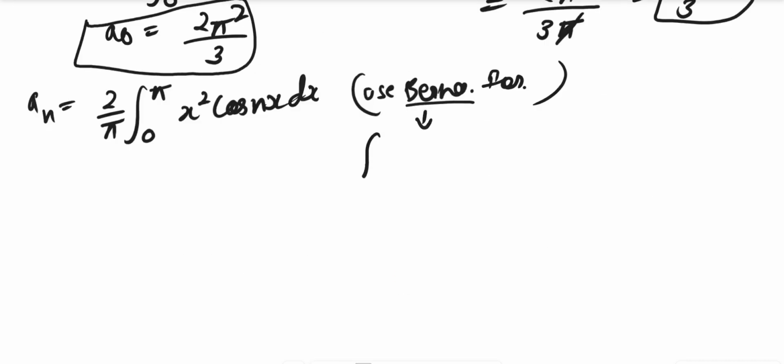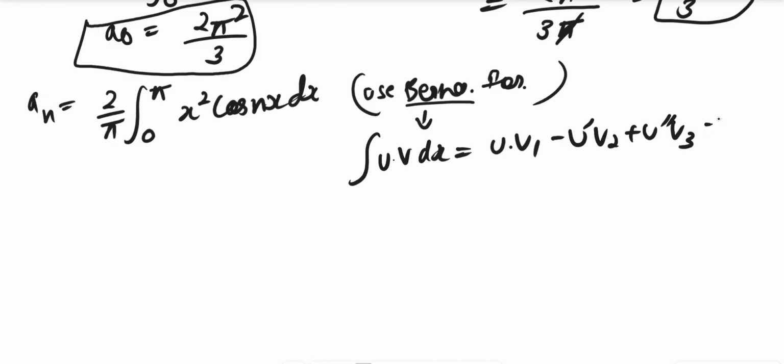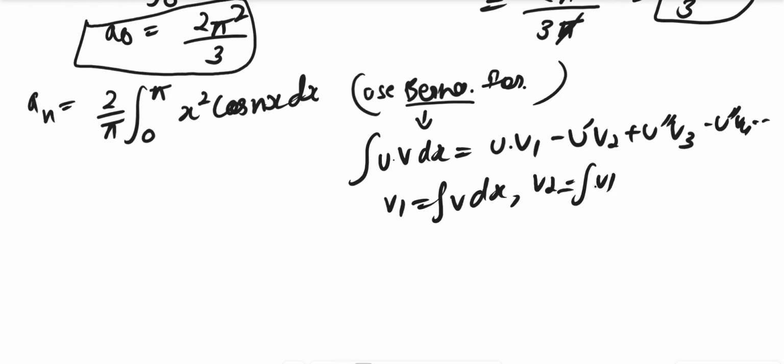It is: integration of u multiplied by v dx is equal to u multiplied by v1 minus u dash v2 plus u double dash v3 minus u triple dash v4 and so on, where v1 is the integration of v dx, v2 is the integration of v1 dx, and so on.